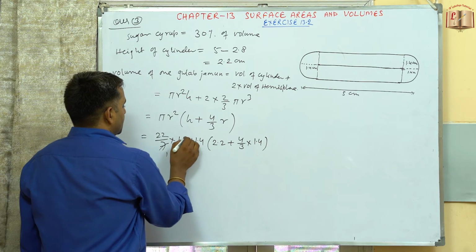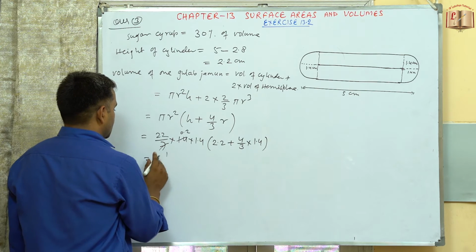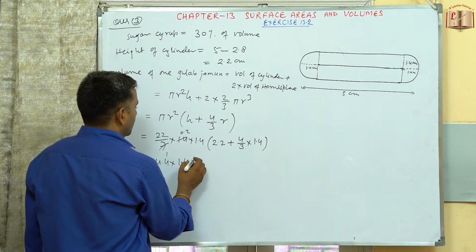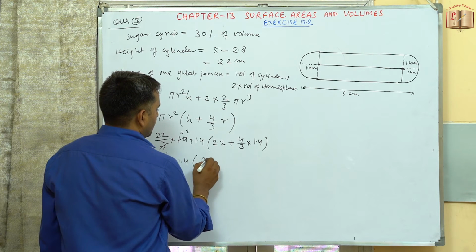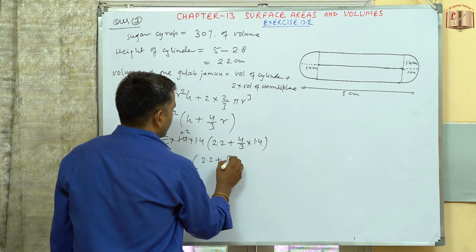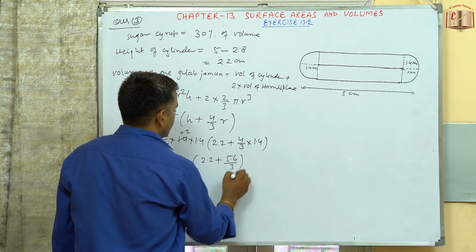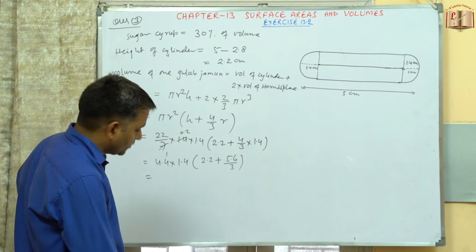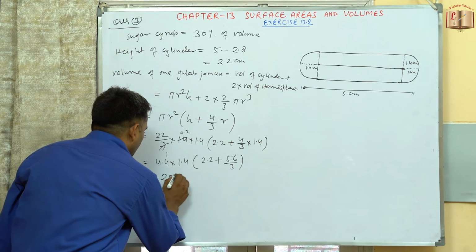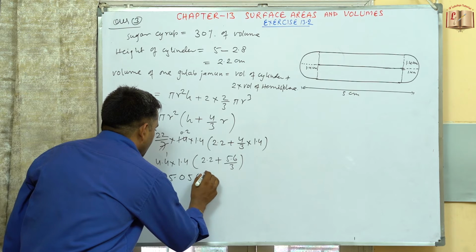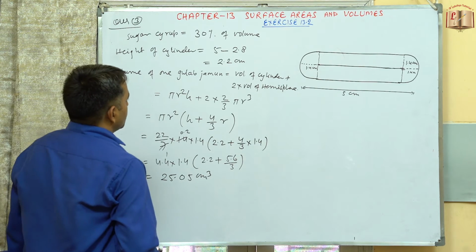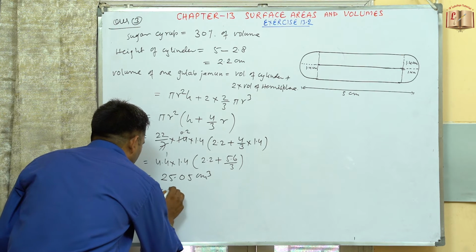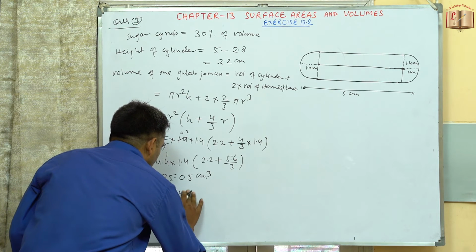So we can calculate, this is 0.2, so this is 4.4 into 1.4 times, so this will be 2.2 plus 5.6 by 3. Now we can calculate the volume. So this is 25.05 centimeter cube. So now we can find out the volume of 45 gulab jamuns.